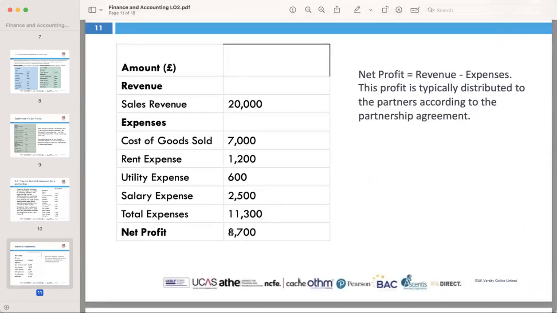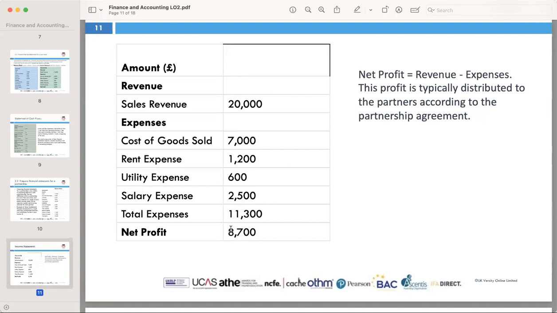If we talk about the net profit shared between partners, in this case partner A will receive 4,350, and partner B also receives 4,350. So the total profit share for both partners amounts to £8,700.